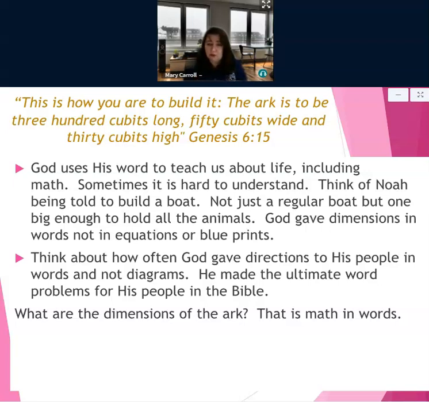Not just a regular boat, but one big enough to hold everything. God gave dimensions in words, not in blueprints or equations. Think about how often God gave directions to his people in the Word, not diagrams. He made the ultimate word problem for his people in the Bible. What are the dimensions of the ark? Well, that's a word problem.